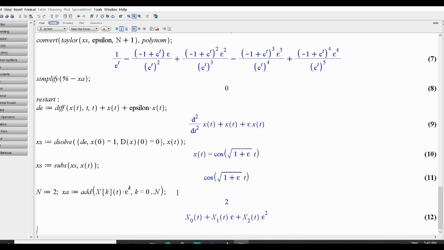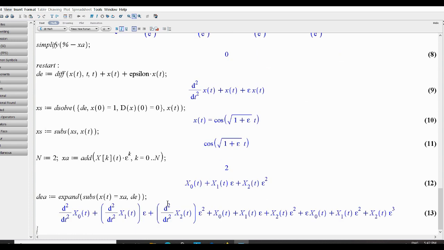Alright, we do this, then we say DEA is equal to expand, substitute x of t equal to xa in DE. There it is, and it goes up to some number, but what I will do is convert Taylor, and then say epsilon to the n plus 1 polynomial.